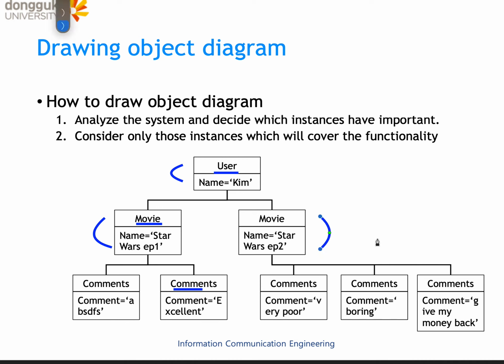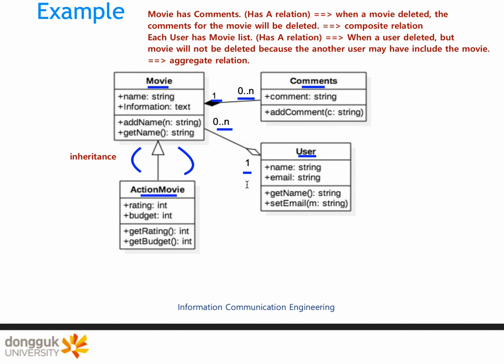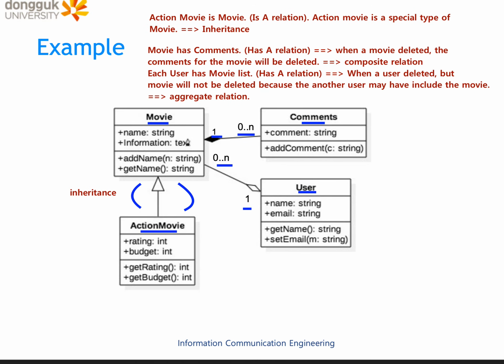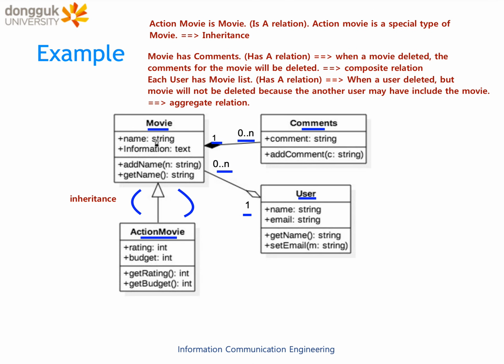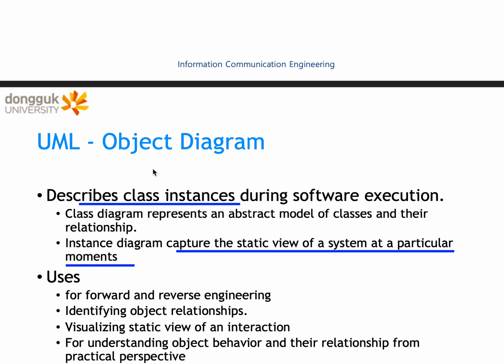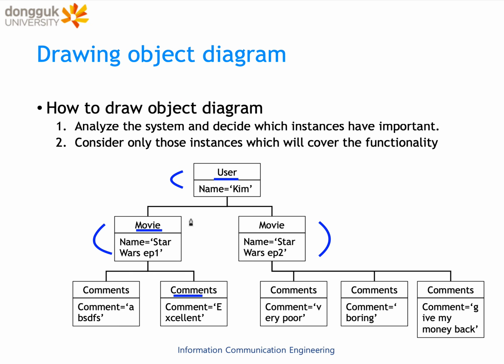Look at this class diagram: it includes class name, variables, and methods. That is source code level information. And this one shows runtime level information.